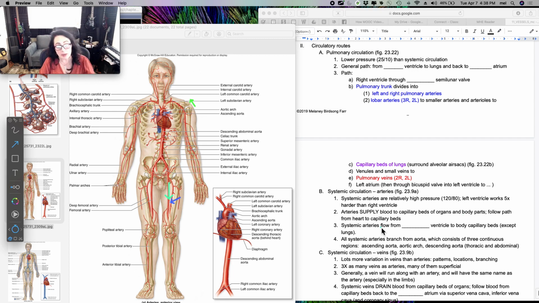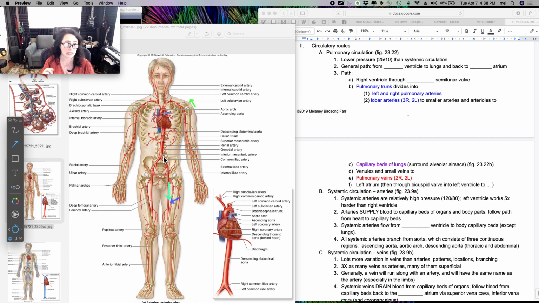And the systemic arteries, all of these that you're seeing right here, flow from what ventricle? All systemic arteries ultimately can be tracked back to what ventricle? It's the left ventricle. And they're going to go to body capillary beds with the exception of the lungs. And all systemic arteries are going to branch from the aorta.